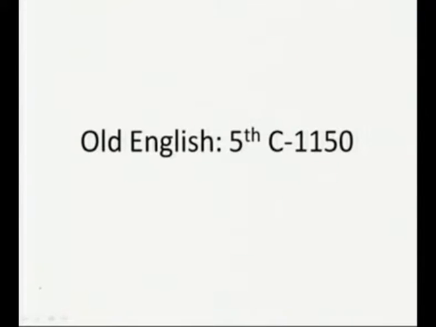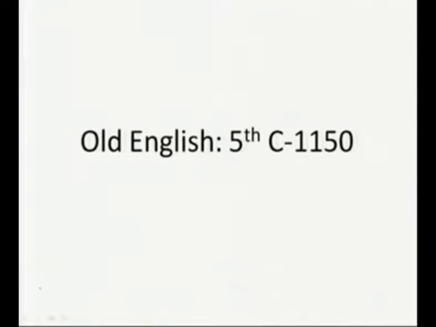Despite a few very minor, almost trivial differences in date, it is usually an established fact today that historically we ascribe the period from the middle of the 5th century to the middle of the 12th century as the duration of the kind of English that we call Old English today.